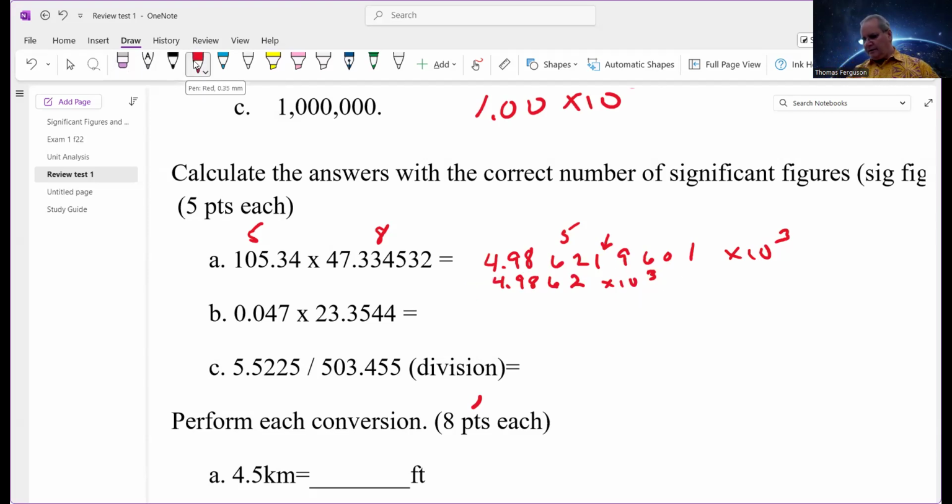Okay, another multiplication problem. So we're looking at 2 and 6. So our answer is going to have 2.